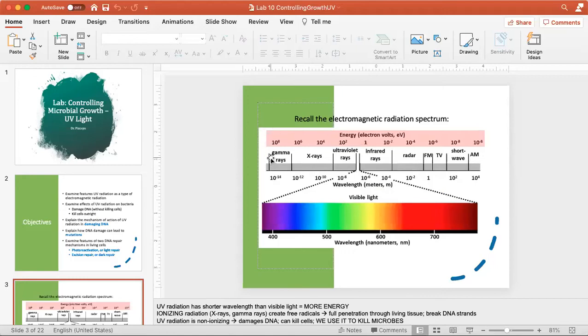So on this slide, you're looking at a spectrum from gamma rays, a very, very powerful type of radiation that you associate with nuclear power plants, for example, or nuclear bombs. Gamma rays over here on the left, all the way through a spectrum to AM radio waves, a very, very weak type of electromagnetic radiation.